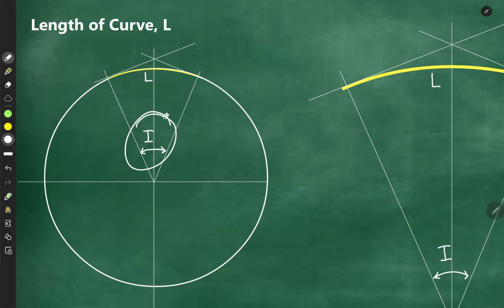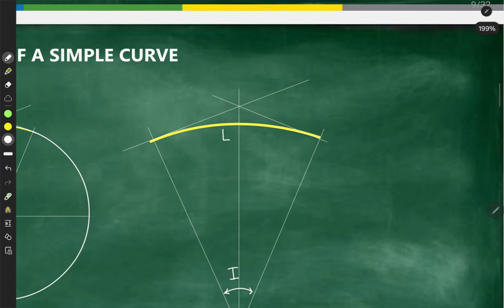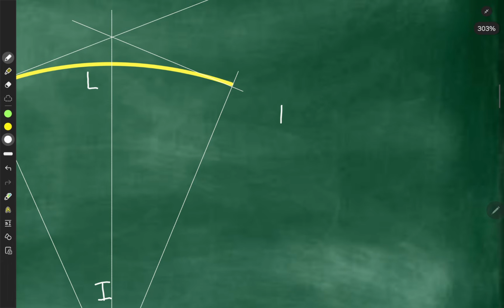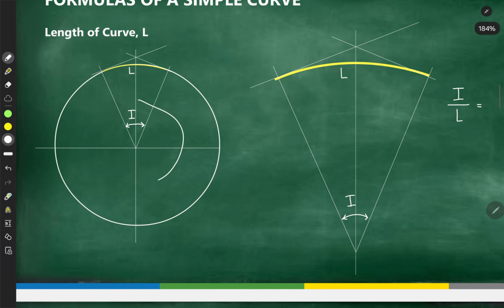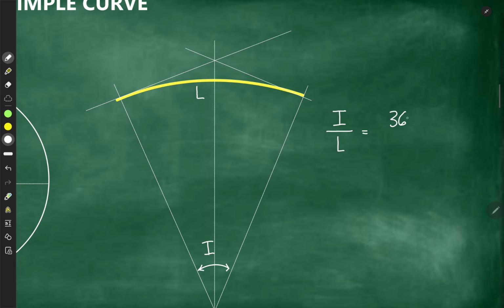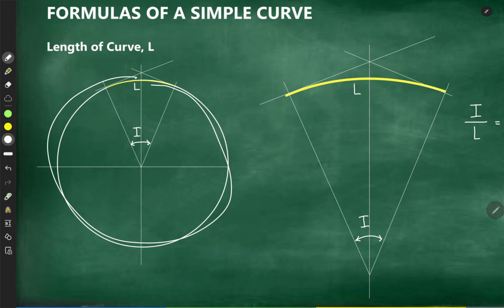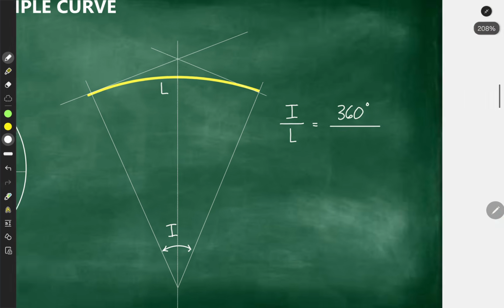So if this is I, then this is L. Pwede kong gamitin I over L. Saan ko siya i-ratio? Sa buong angle ng circle, which is 360 degrees. So if that is 360 degrees, ano naman ngayon yung na-cover na length ng 360 degrees nung umikot tayo? Gano to kahaba? So that is just the circumference of a circle, that is 2 pi r.